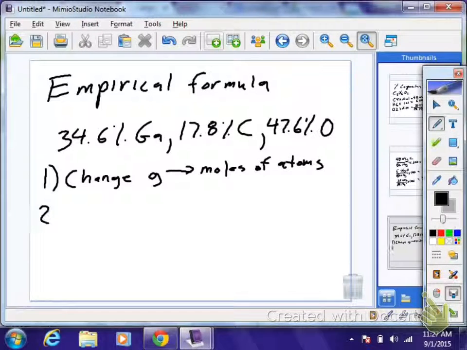We're going to have a bunch of decimal numbers, so to get these to work out to whole numbers, you would divide each moles of atoms by the smallest number of moles of atoms. Divide each one.